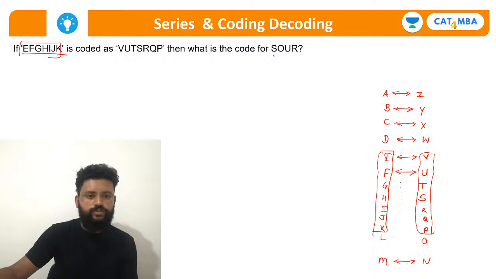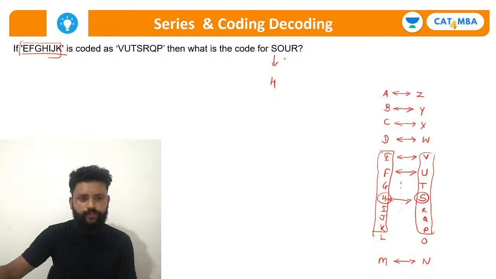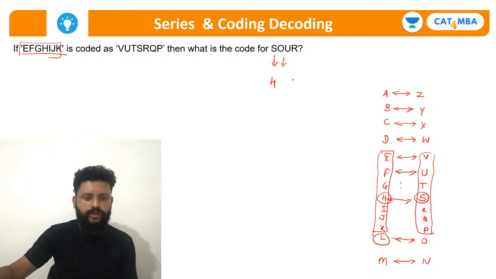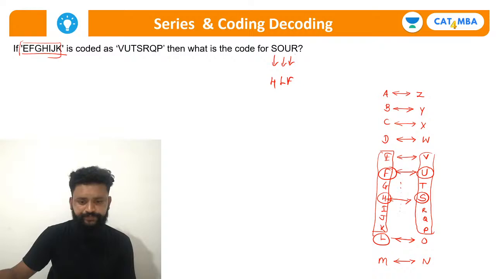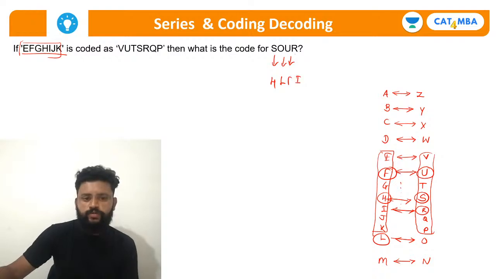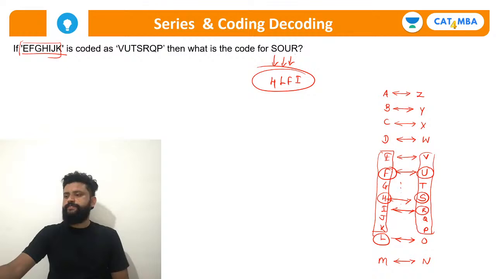S is coded as H, O is coded as L, R is coded as I. The answer is H L F I. Right.